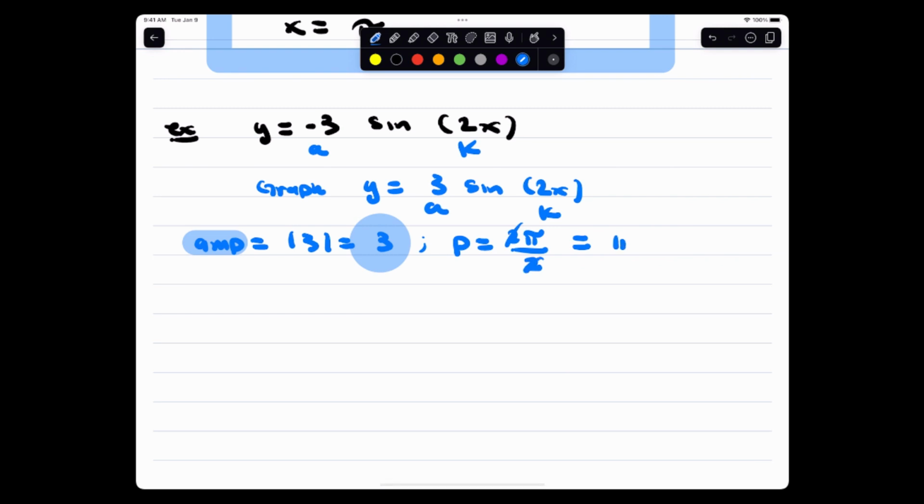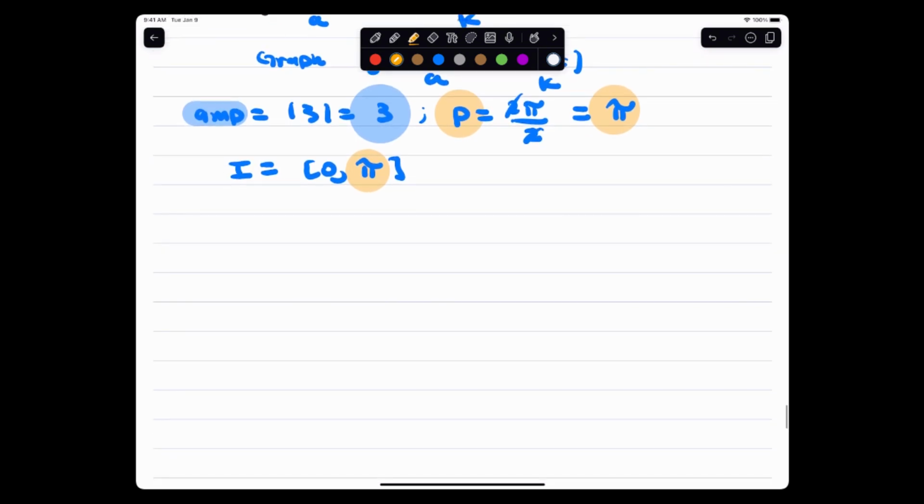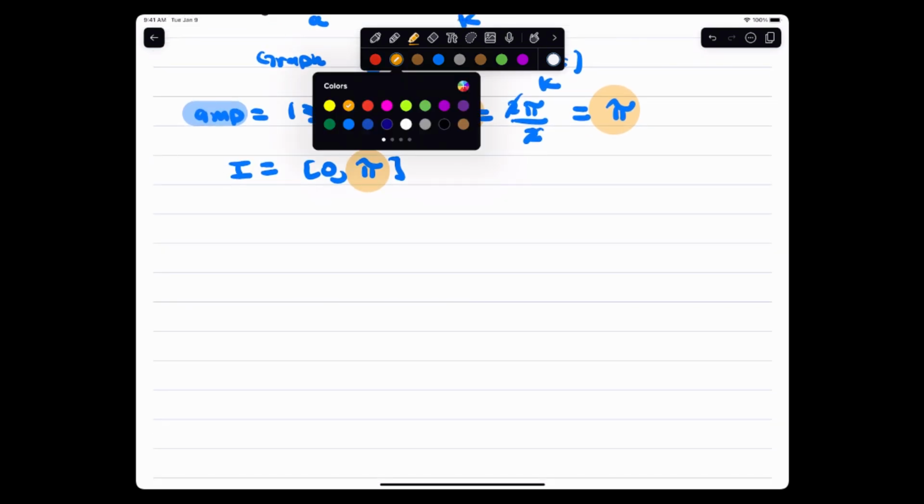So your period is going to be what? Pi, is that right? Okay, what's your interval of one cycle now going to be? 0 to what? Pi. Okay, you guys okay with that? Now, that should tell you something. What does this tell you?